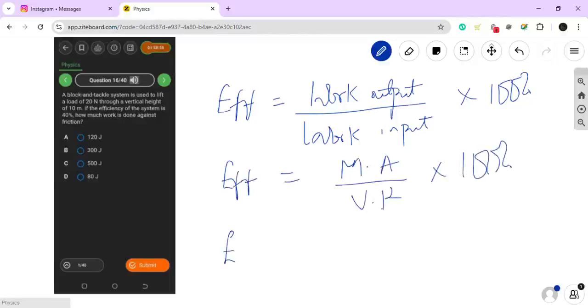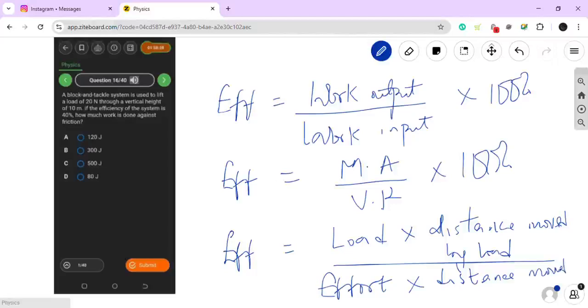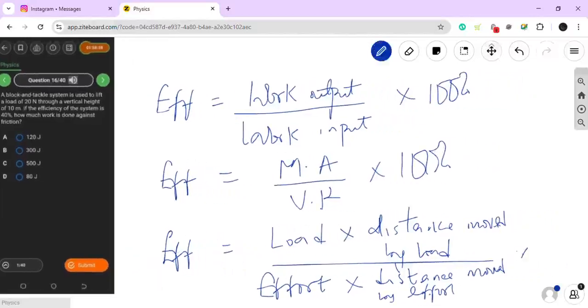And you can also see them saying efficiency is load times distance moved by load over effort times distance moved by effort, then times 100%. So that's it.